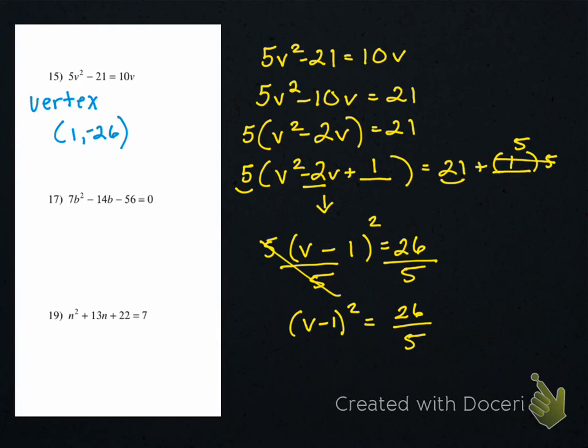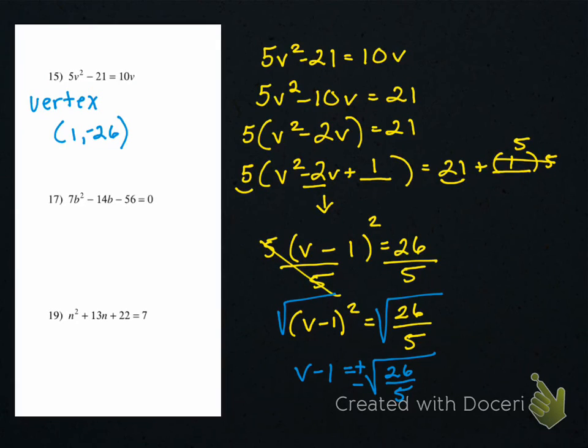I'm just changing the color just to show you my little square root right there. And that is going to give me the v minus 1 equal to the square root of 26 over 5. I'm going to write that as the plus minus.